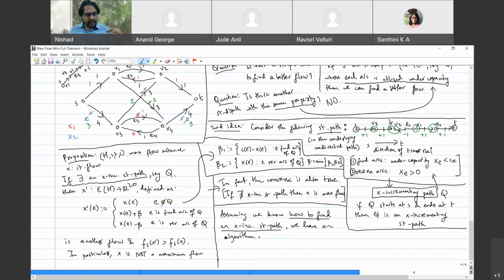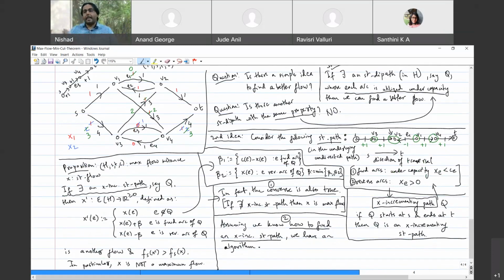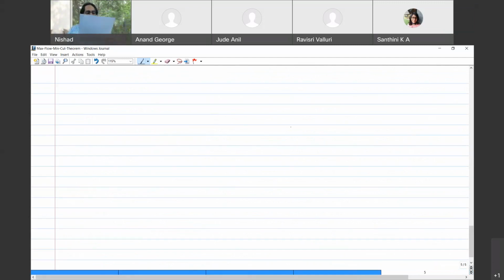And the other thing we need to address is, how do we prove the converse? Okay, so let's discuss these two matters. First, we will actually prove the converse, and then we'll discuss how to find an X incrementing ST path. Are there any questions or concerns before we move on to a fresh page? Okay, no? So let's go.